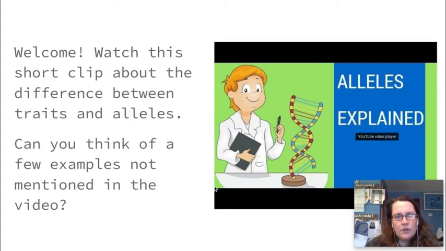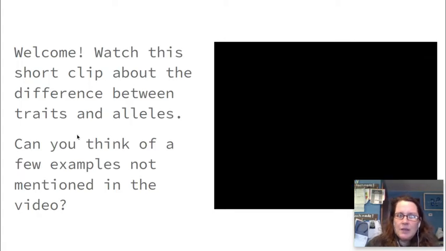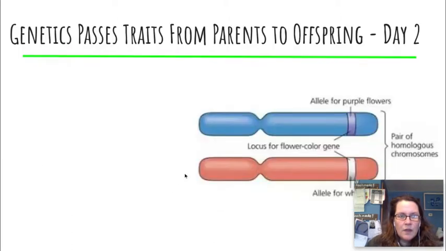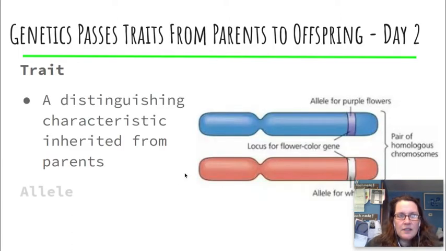You can watch this little video clip right here to start this. It introduces these things called traits, and this word right here is pronounced alleles, although it kind of looks like alleles, or I don't know how you guys think that is pronounced, but it's alleles. And just as you're watching it, think of this question right here. And on to the next slide.